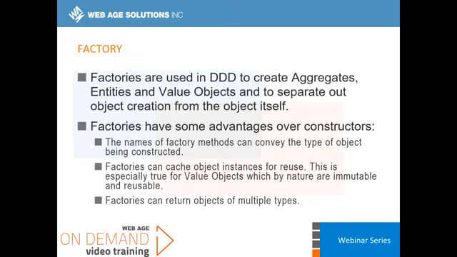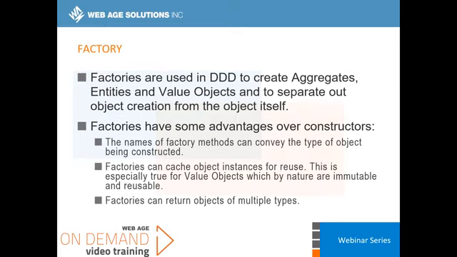Finally, factories. Now, factories are used in domain-driven design to create aggregates, entities, and value objects, right? And so we separate the creation of an object from the object itself. So instead of using the language features for creating elements like saying new aggregate or new entity, we create this notion of factories, right?